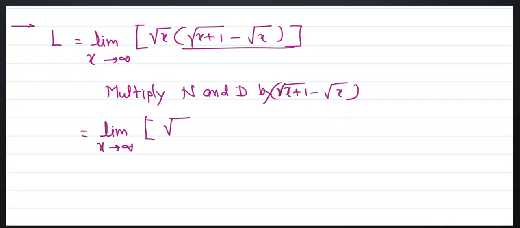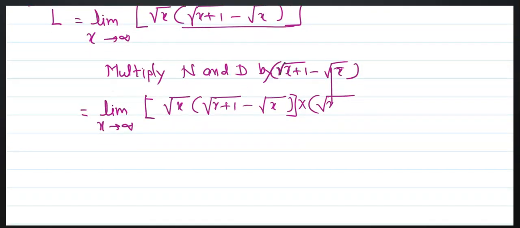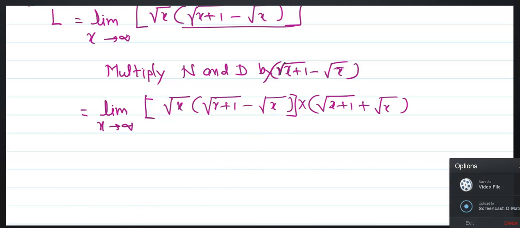I had written it as a minus. Okay, I can change it. Here this plus sign must be there. Okay, you can understand it.